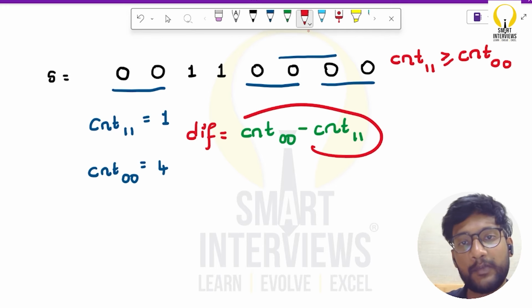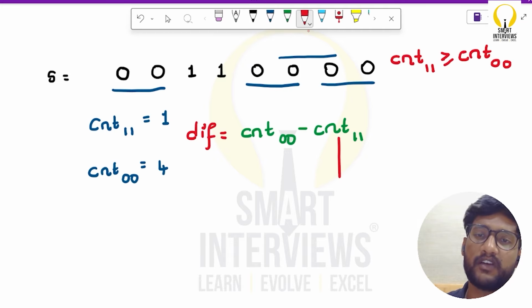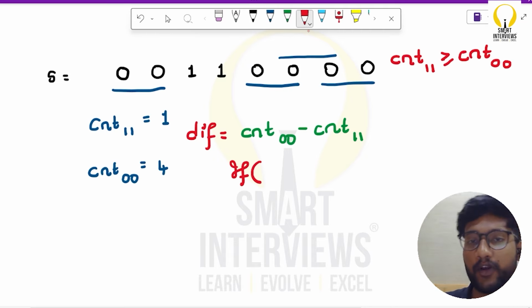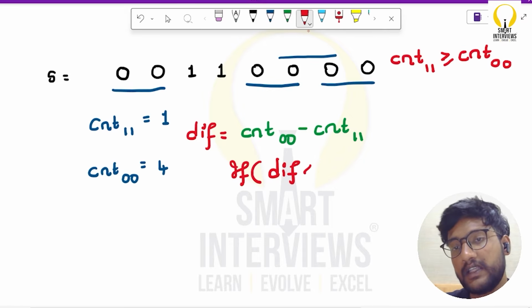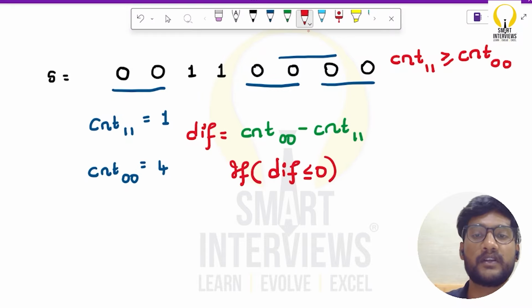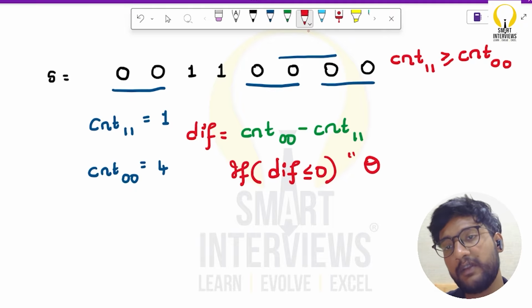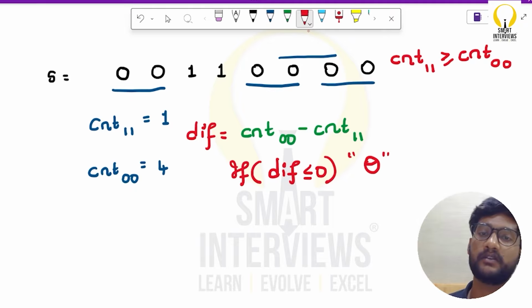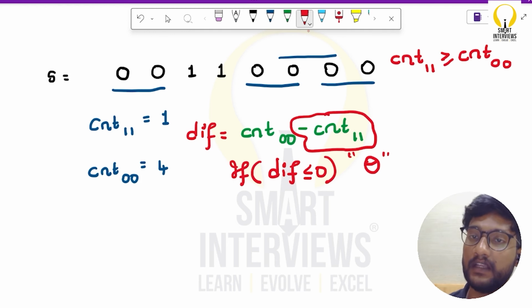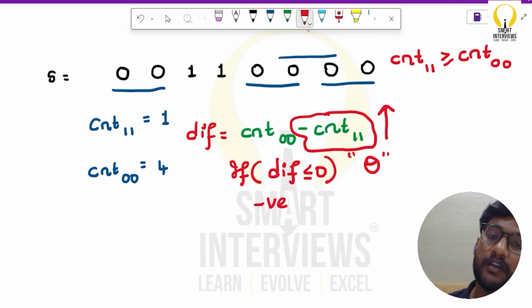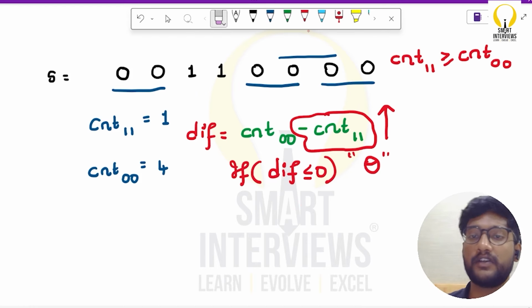If this value is negative, for sure I can say my count of 11 is larger. So if my difference is less than or equal to 0, it's not required to do any flips and my output will be 0, because the count of 11 will be high and the difference might be negative or equal to 0. At that time you can simply print 0 itself.